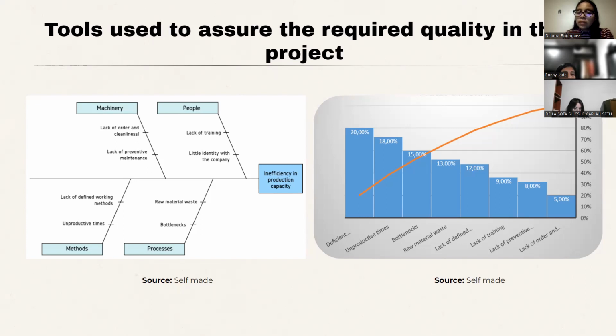Finally, it was identified that the deficiencies in production capacity of chocolate, and unproductive times and bottlenecks, are the main problems, and more attention should be paid to them to ensure the quality of the project. Next slide, please.